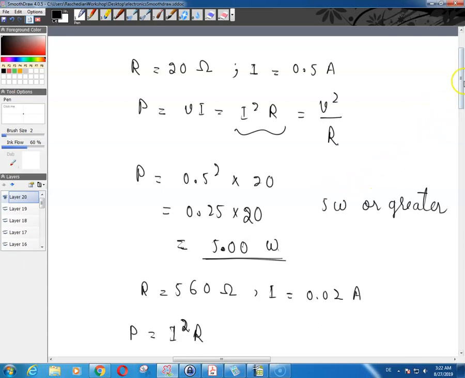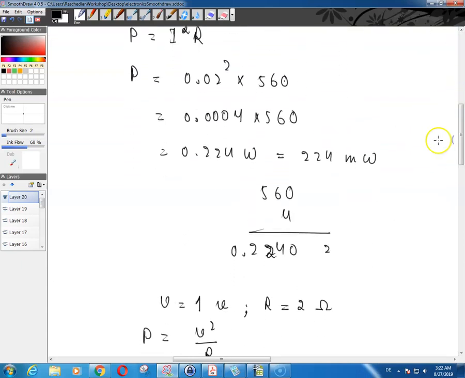Then, for example, in the case of this circuit, we got 224 milliwatts. So 224 milliwatts is of course about 0.2 watt. So 0.2 watt is very close to, you have 1/8 watt, you have 1/4 watt. 1/4 is 0.25, right?